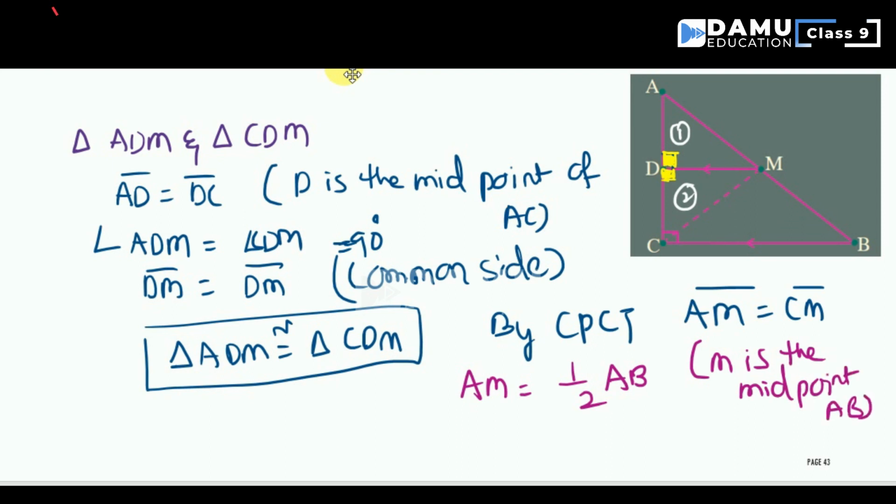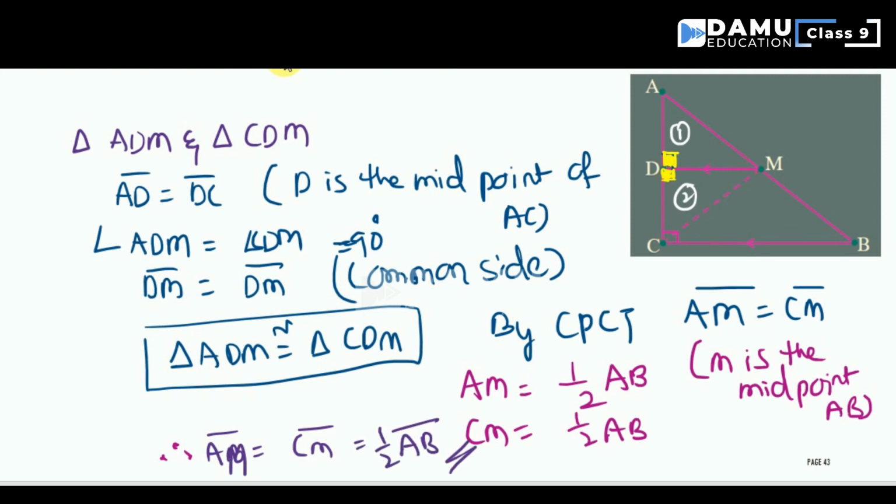By the above conditions, CM is equal to half of AB. So finally, AM is equal to CM, which is equal to half of AB. Hence, we have proved it. Like this, we need to show.